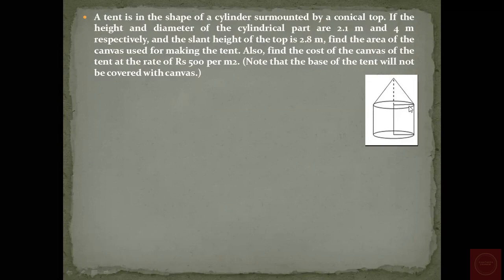Given the diameter of the cylindrical part is 4 meter and height is 2.1 meter. It means the diameter is the same for the cone also. Again we have to find the surface area, and also the cost. How much money has been spent on this canvas, right? So same simple thing.